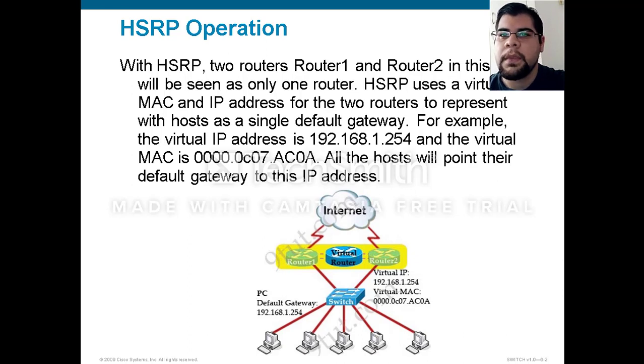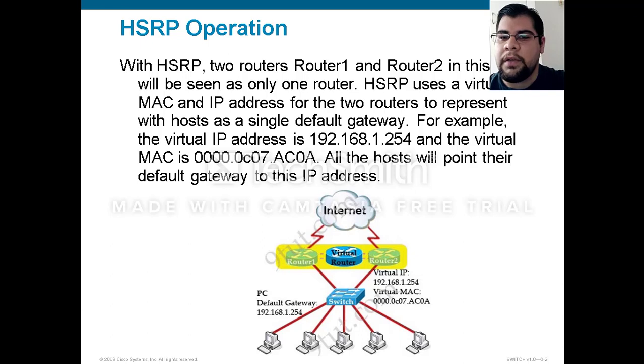For example, the virtual IP address of the HSRP is 192.168.1.254, and the virtual MAC is 0000.0C07, which is 16-bit. And all the hosts will point their default gateway to this IP address.